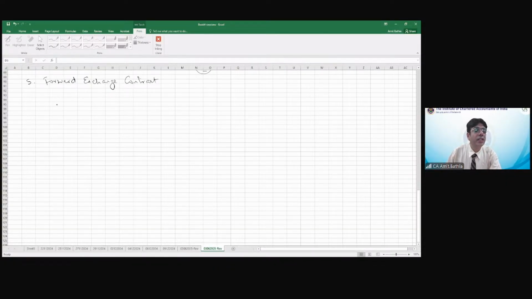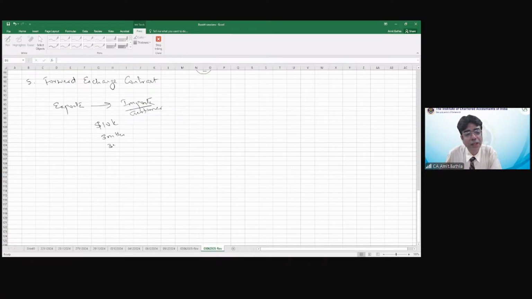So what is a forward exchange contract? Say, for example, as I just mentioned, if I am an exporter, I have sold some goods to the importer, the customer, and he has to pay me $10K. This 10K is payable 3 months from now.